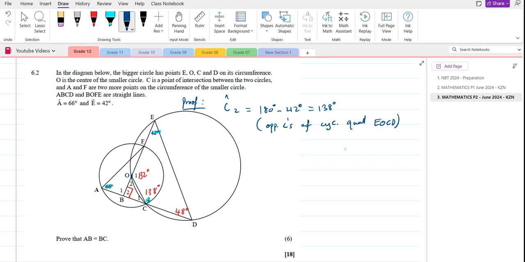So that's how we got 138. How did you get 132? Angle at center equals twice angle at circumference. Angle O1 is equal to 132.